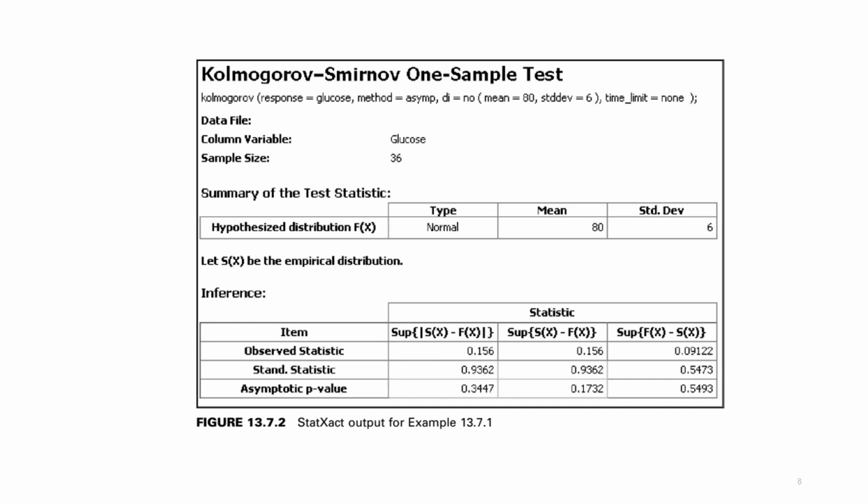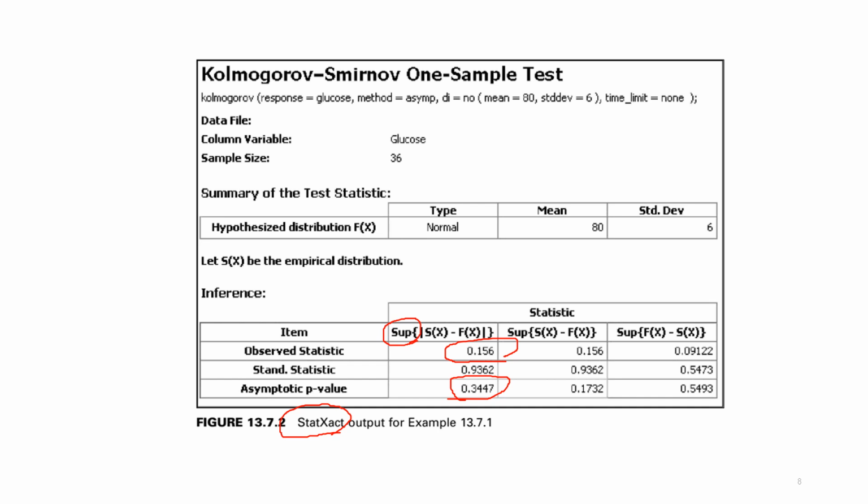Here is a computer output from another software, StatSect. We have sample data and probability data, and the sup means the biggest value, the supremum. The observed statistic was 0.106, and the p-value is approximately this one, which means it exceeds 5%.